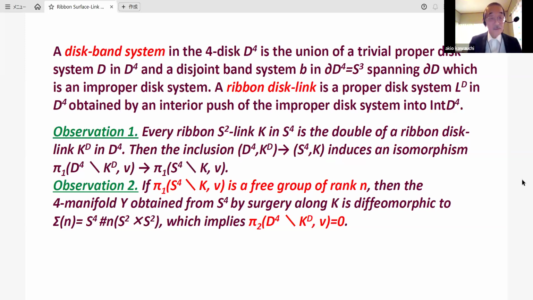Observation two is if the fundamental group of the ribbon S^2-link K is a free group of rank n, then the four-manifold Y obtained from S^4 by surgery along K is diffeomorphic to Sigma_n, which implies the second homotopy of the disk link K_D vanishes.